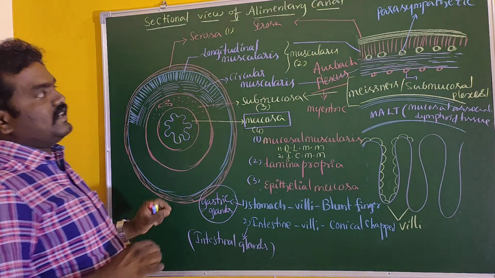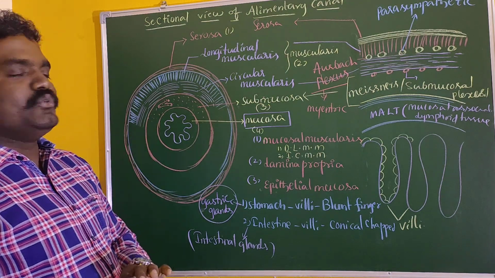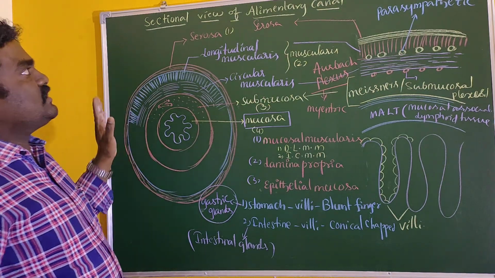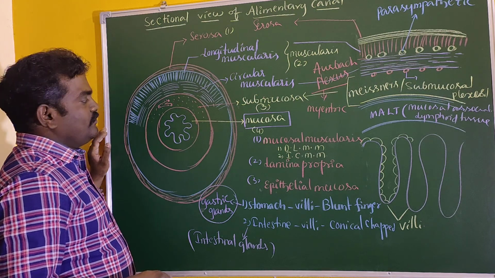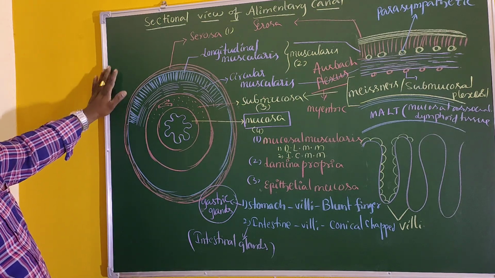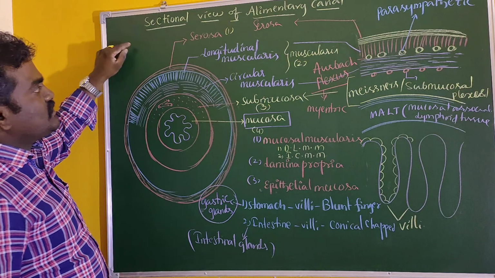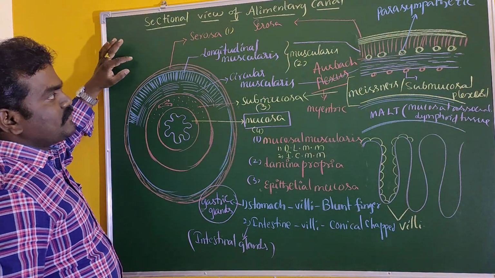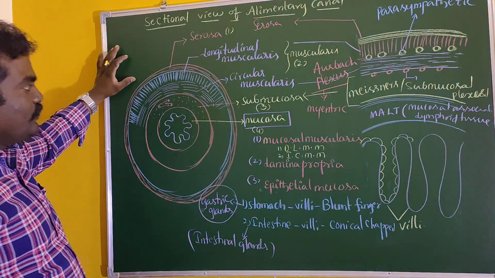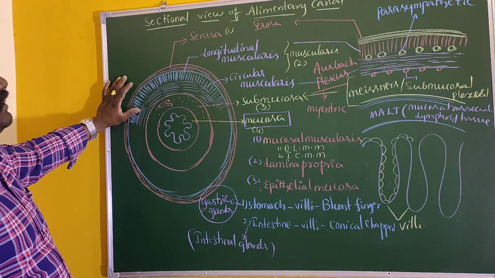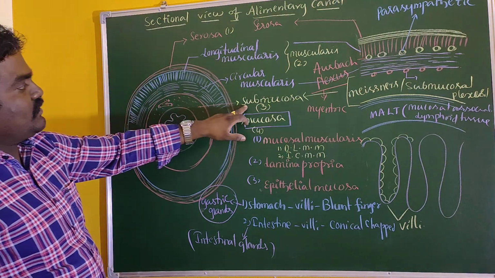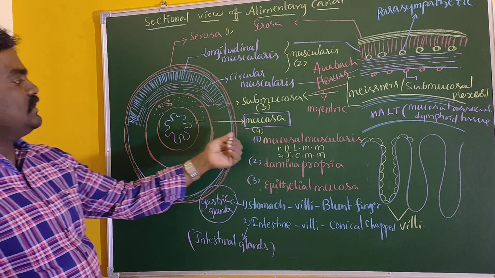So this is the diagrammatic view of the sectional view of the alimentary canal. There are four important layers: the outer serosa, the second layer muscularis, the third layer submucosa, and the fourth layer mucosa. Don't be confused: the third layer is submucosa, the fourth layer is mucosa.